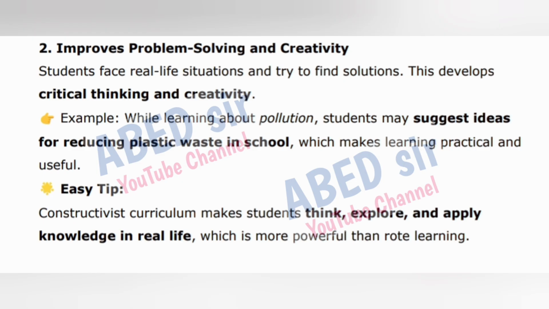This develops critical thinking and creativity. Example, while learning about pollution, students may suggest ideas for reducing plastic waste in school, which makes learning practical and useful. Easy tip. Constructivist curriculum makes students think, explore, and apply knowledge in real life, which is more powerful than rote learning.